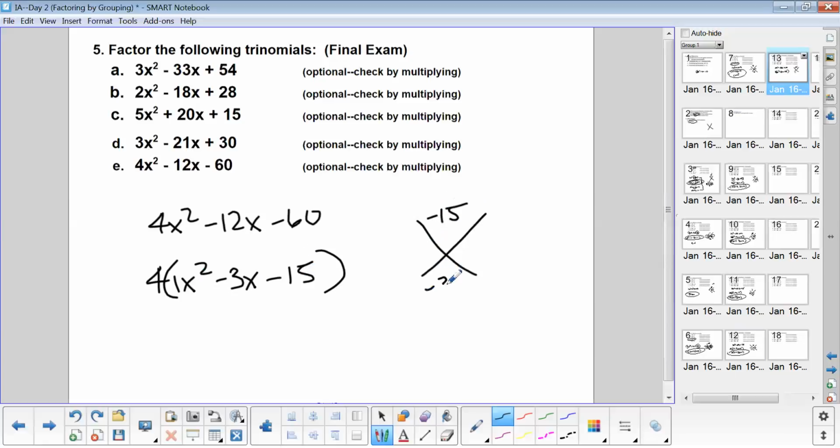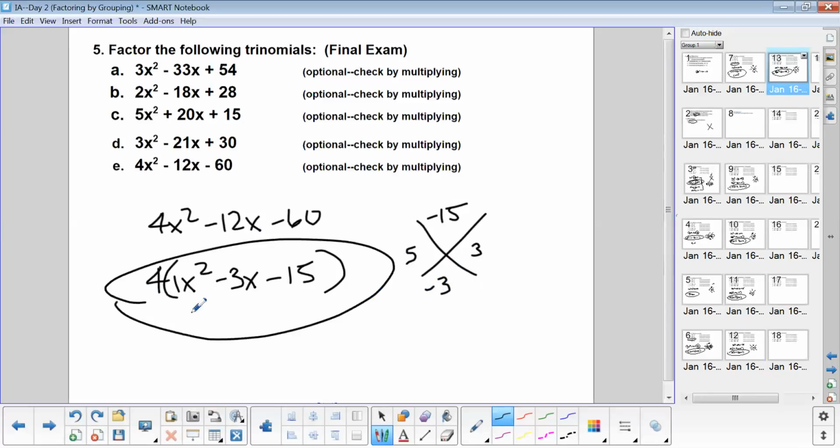And they have to add to give me negative 3. So in this case, I know 5 and 3 are factors of 15, but I can't add or subtract them to be a negative 3. So what I have is a prime. So 4 times x squared minus 3x minus 5 would be a factored form.